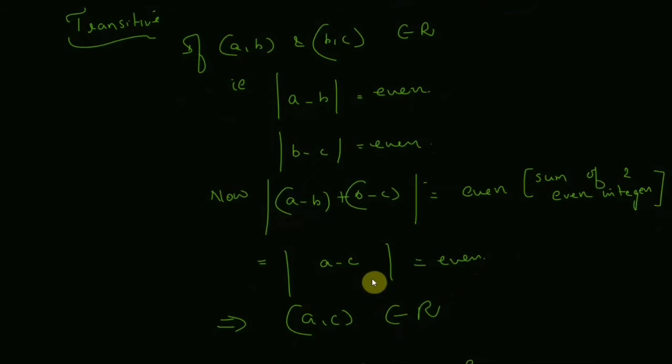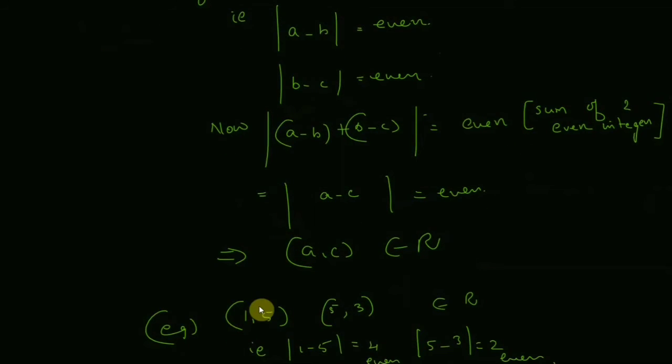So the modulus of a - c is also even. That means (a, c) belongs to R. So (a, b) and (b, c) belong to R, (a, c) also belongs to R, therefore it is transitive.